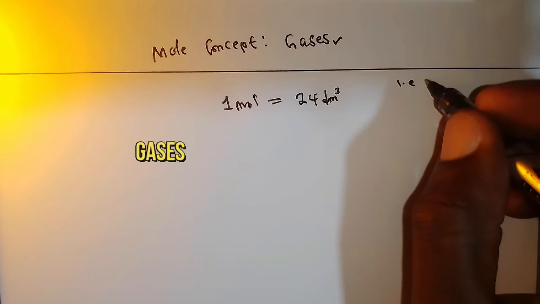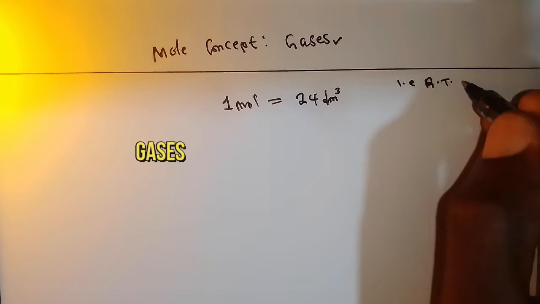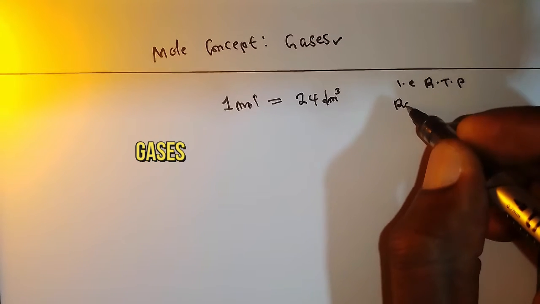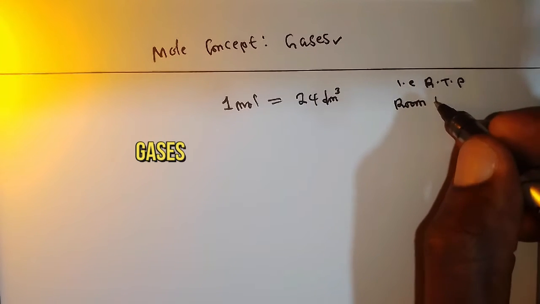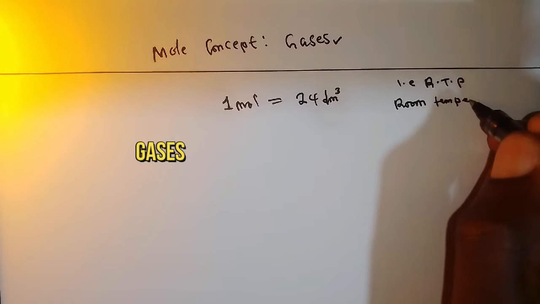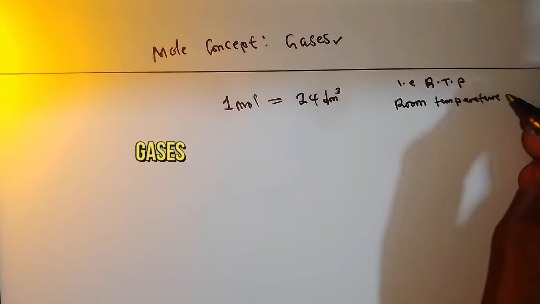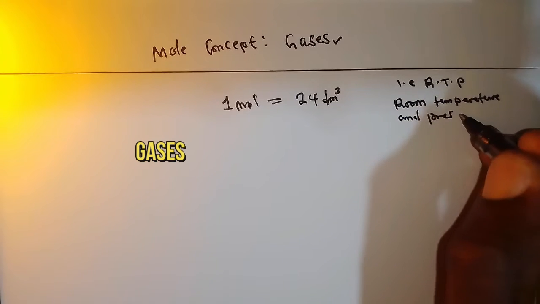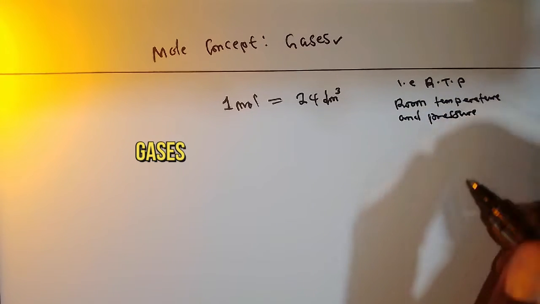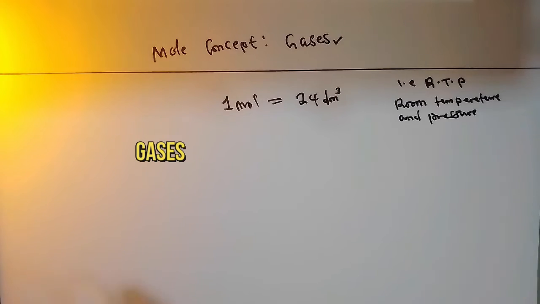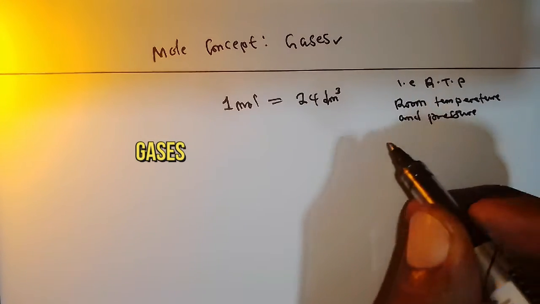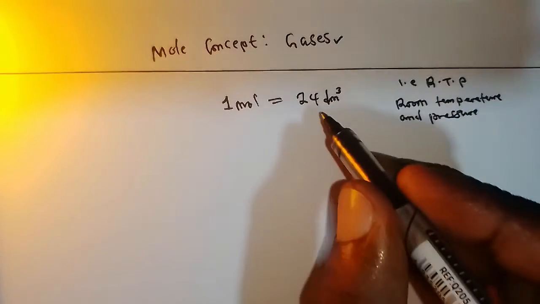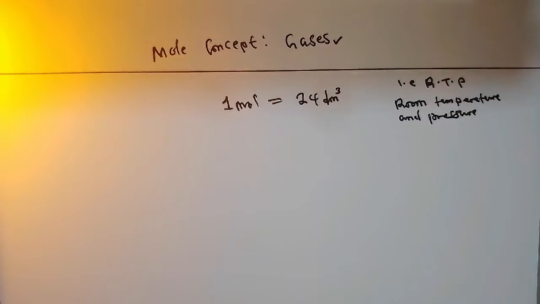So that is this condition, RTP. RTP simply means room temperature and pressure. So room temperature and pressure means you have a gas occupying a space of about 24 cubic centimeters.